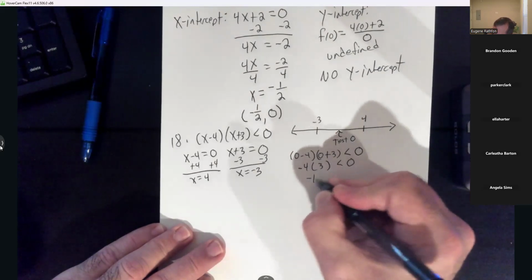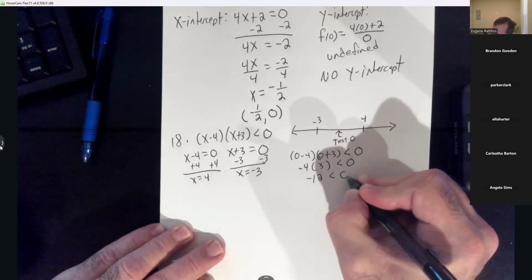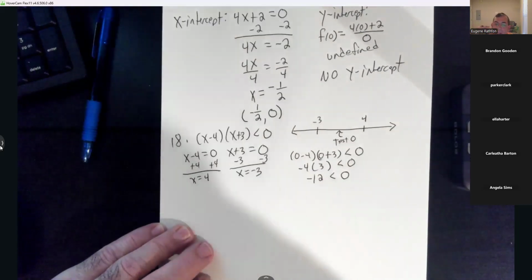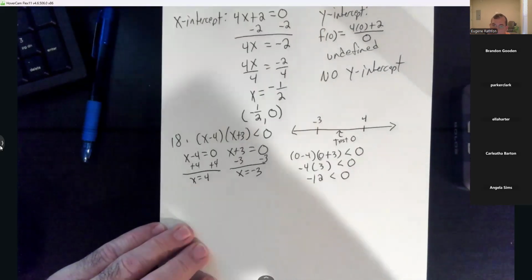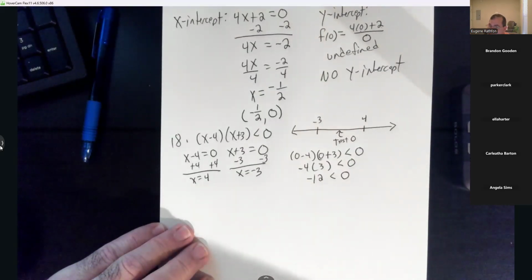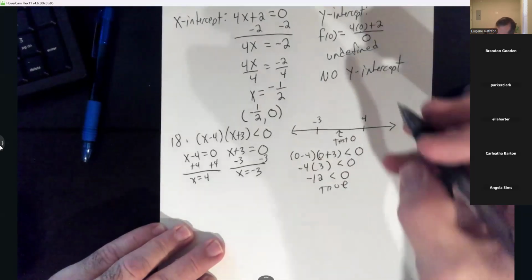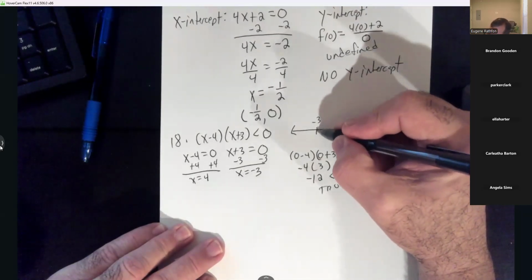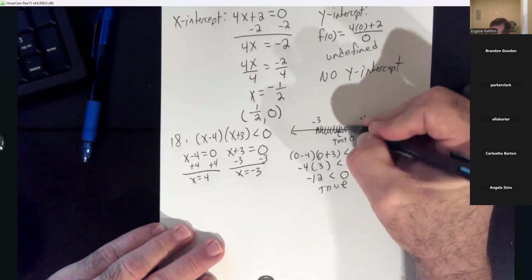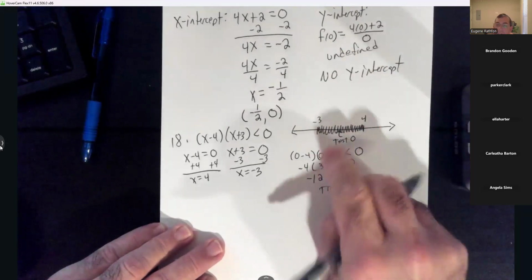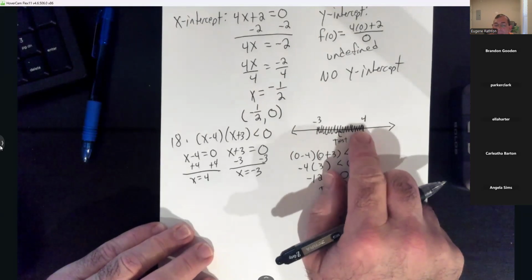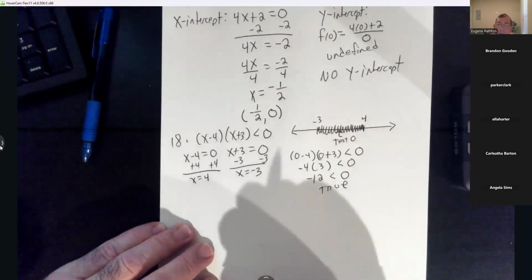All right, so that's going to give us what, a -12 less than 0. So y'all, is that true or false? Yeah, that's true. So what that means is we would come back here and shade that middle section since it was true for 0. Now let's write this answer in interval notation.